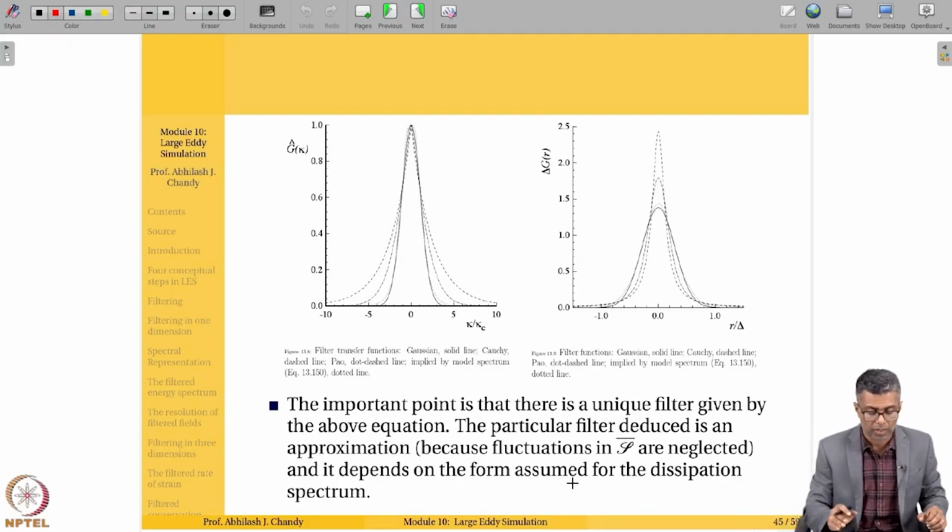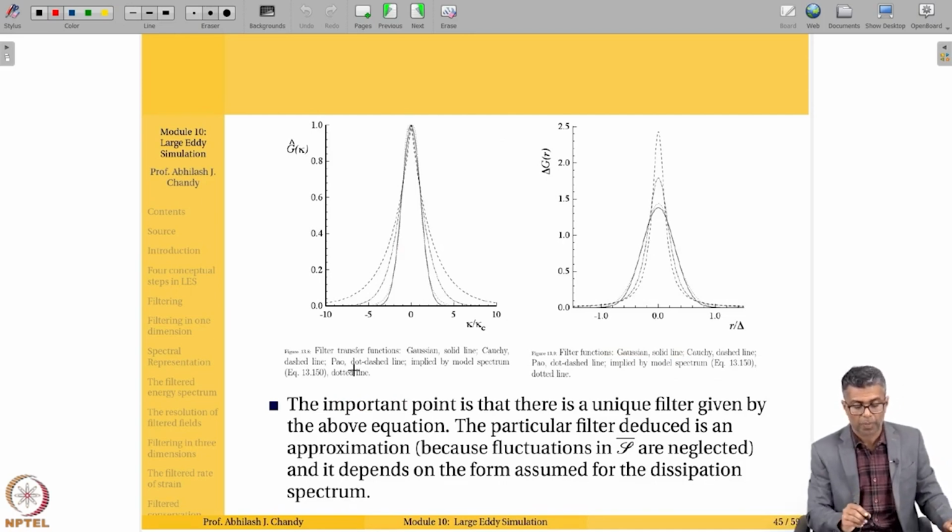What is shown here on the left hand side are filter transfer functions, G hat of kappa, for a Gaussian, a Cauchy filter, and a power filter, all implied by the model spectrum. Then the filter functions on the right hand side are the Gaussian, Cauchy and power implied by the model spectrum, and that is the dotted line.